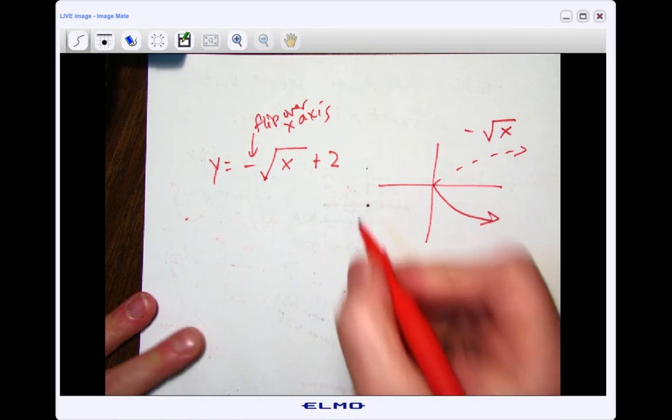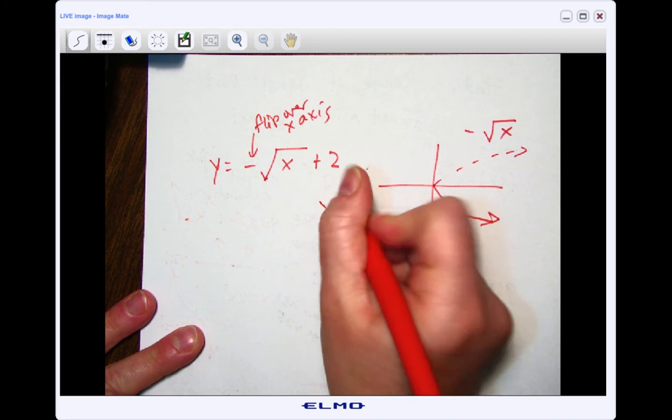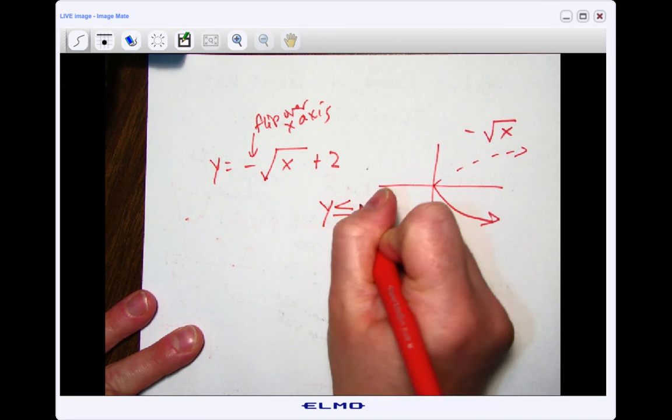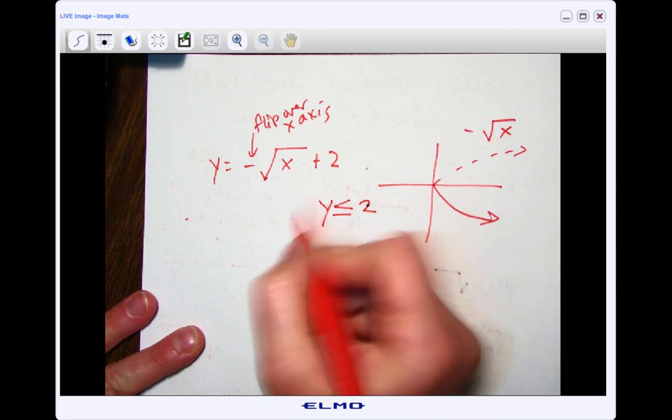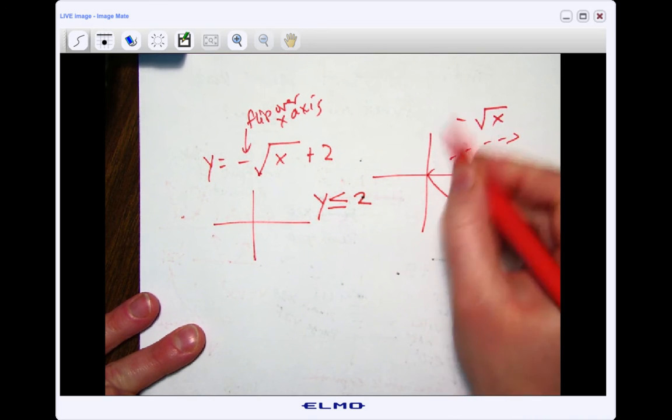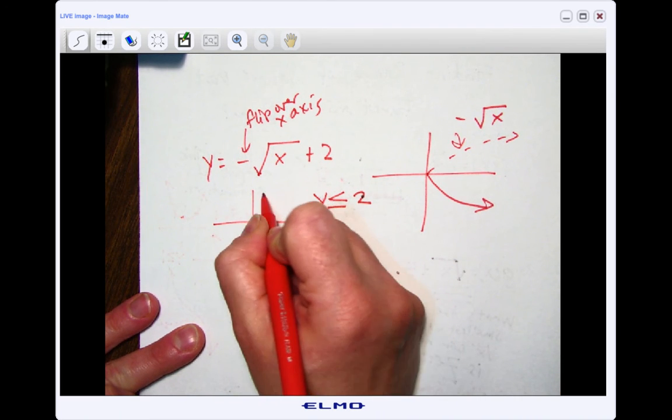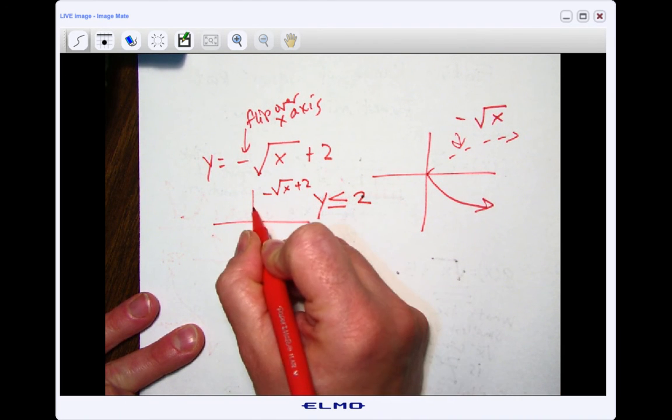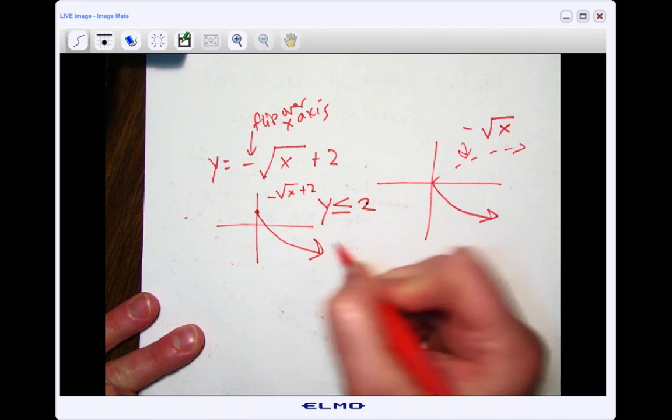So in this case, y is going to be less than or equal to 2, because it's always going to be less than or equal to 2, because this graph is actually -y. This one is actually -x plus 2, would be up here, and it's going to do this.